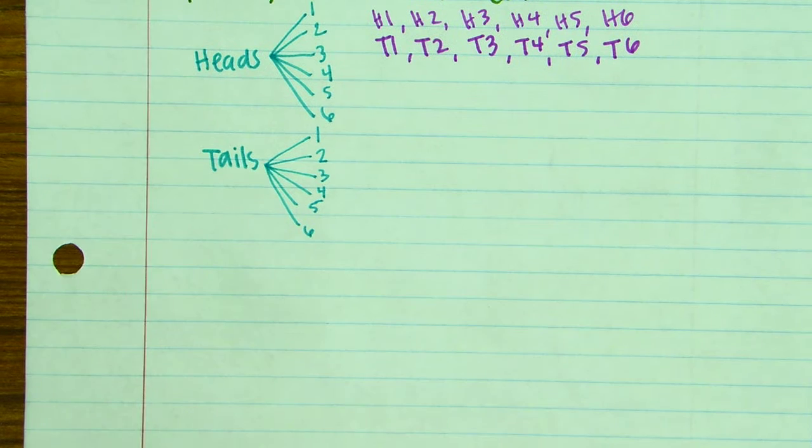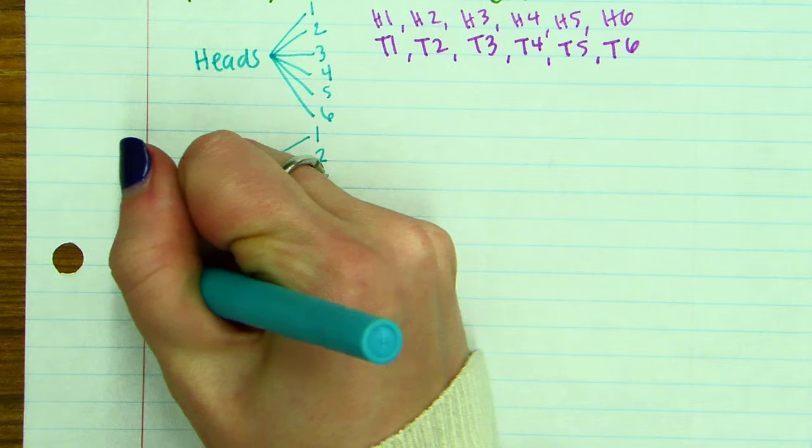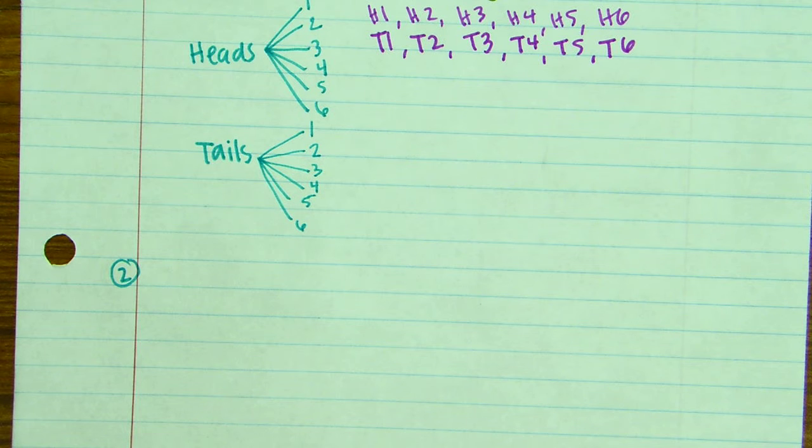So let's do another tree diagram. Let's say a car can be purchased in blue, silver, red, or purple. It can also come as a convertible or hardtop.